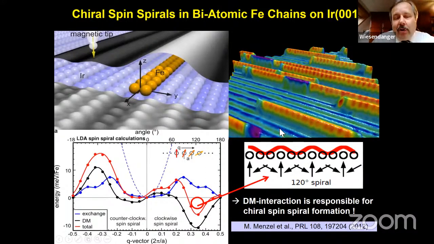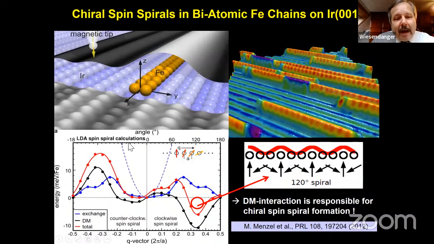And indeed, we found a spiral state with an amazingly small period. It's a 3-atom period of this spiral, meaning that we have a rotation of 120 degrees of the magnetic moment from one atomic site to the next. And that was confirmed by ab initio calculations by our colleagues in Jülich, Stefan Blügel and his group.